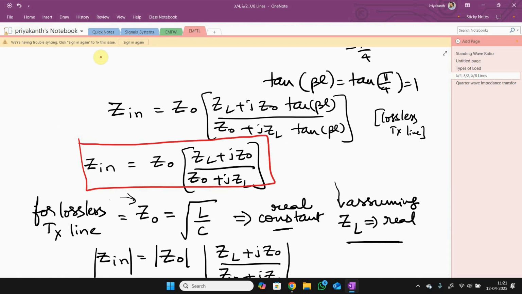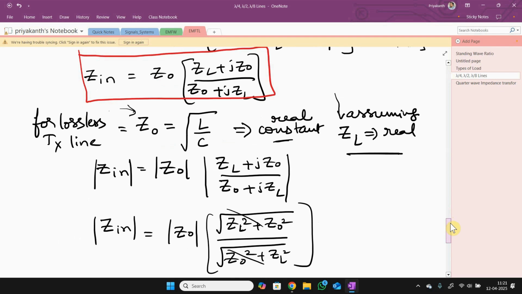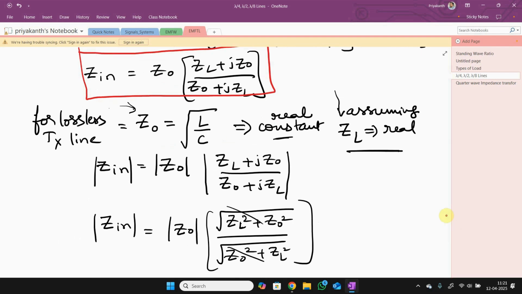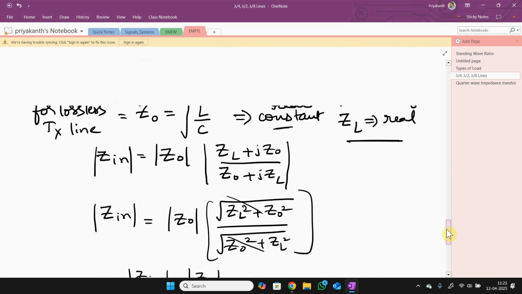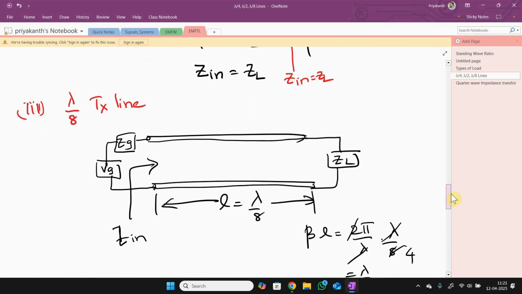When L is lambda by 8, you can stop here, no problem. That is Zin is Z0 times ZL plus JZ0 by Z0 plus JZL. You can stop here. If we want to discuss something more about it, you can talk about the assumptions. Like when for lossless transmission Z0 is already real, then you talk about two cases: when ZL is real, or when ZL is purely imaginary, or ZL is complex. That is how you can talk about this input impedance for lambda by 8 transmission line.